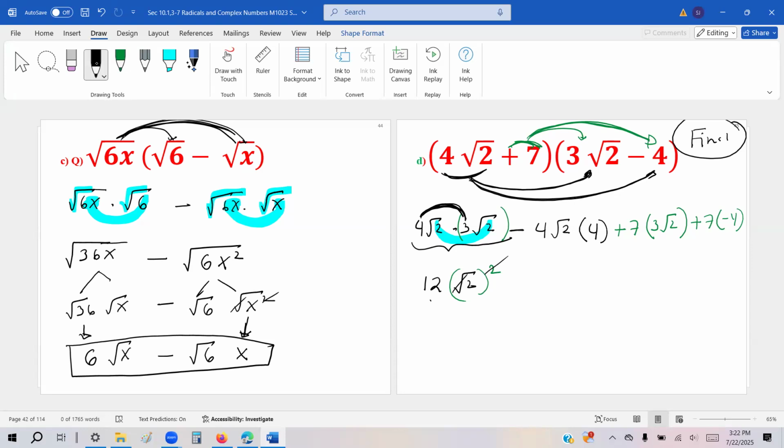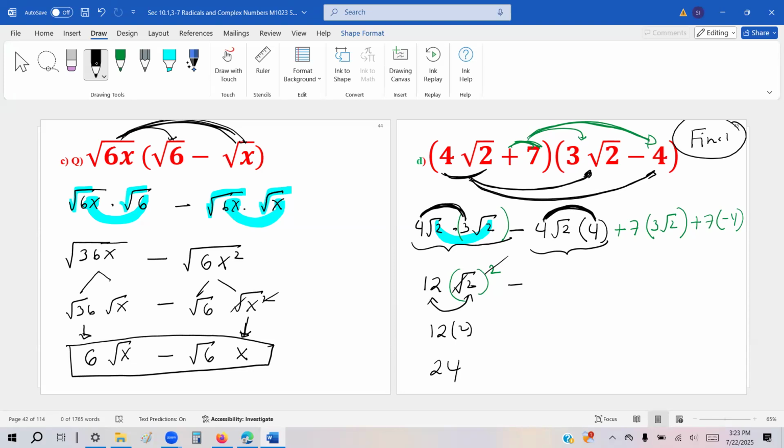So from here, we get 12 times 2, that gives us 24. Then you go to the next one. 4 radical 2 times 4. We multiply the number with the number.